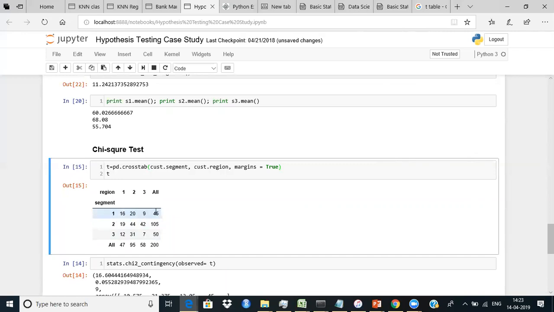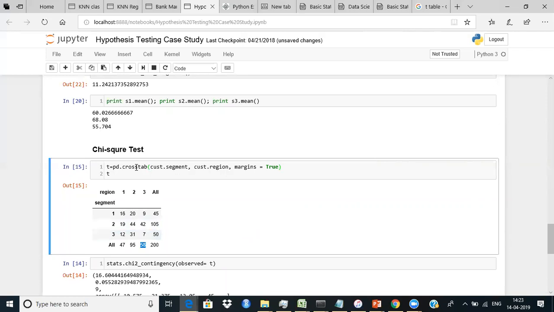Similarly, there are 45 observations which belong to segment 1. Make sense? Okay. So tell me what does this 58 mean? There are 58 observations which belong to region 3. So you understand this crosstab?